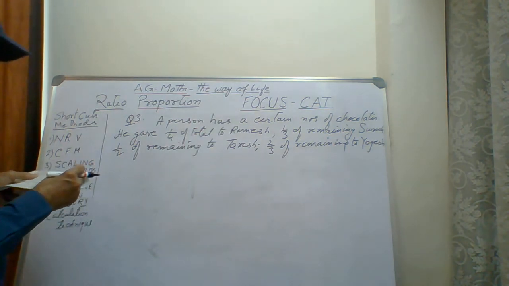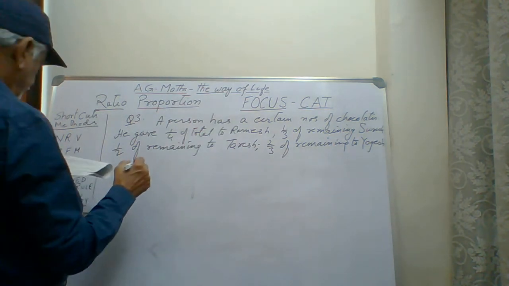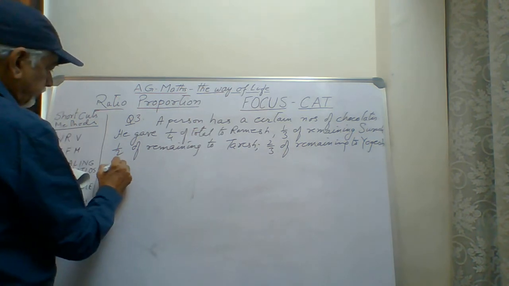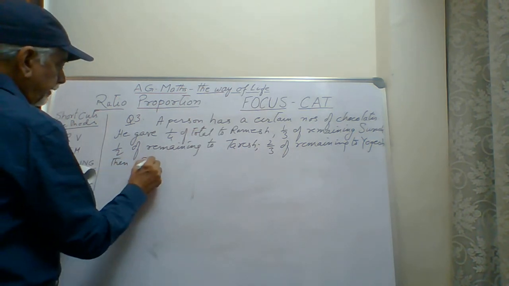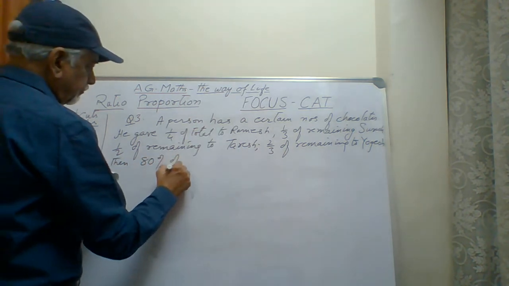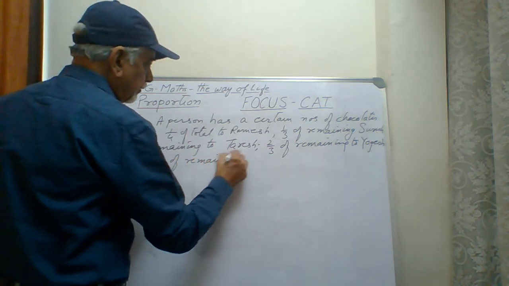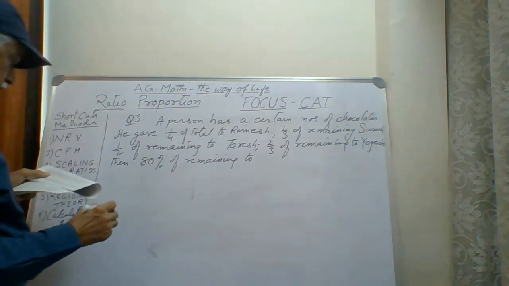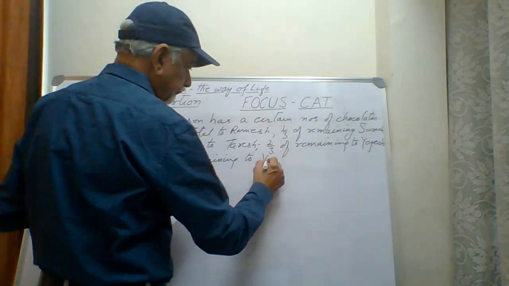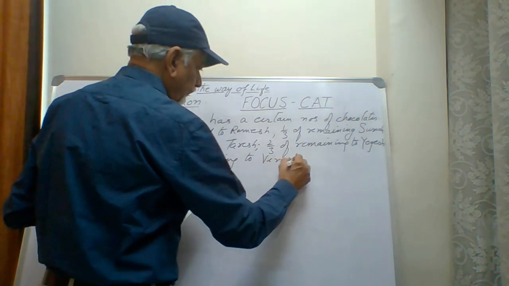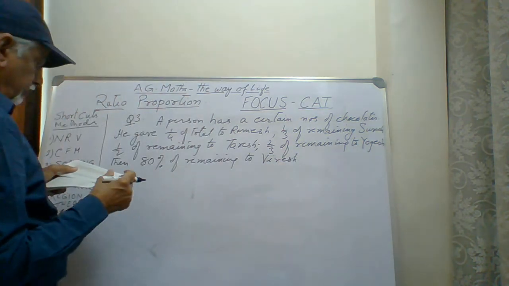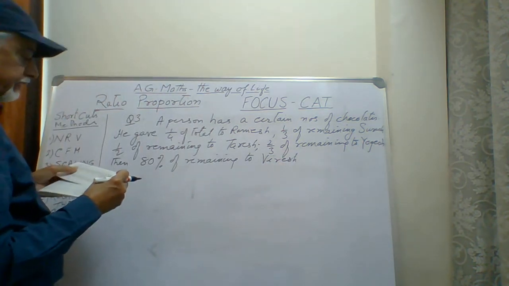And then 80% of the remaining to Viresh. Now he has one chocolate remaining with him.